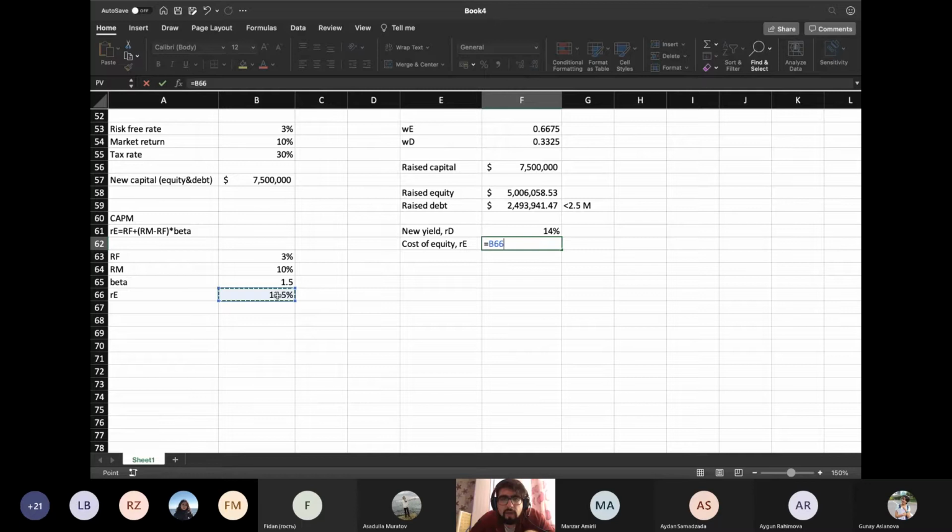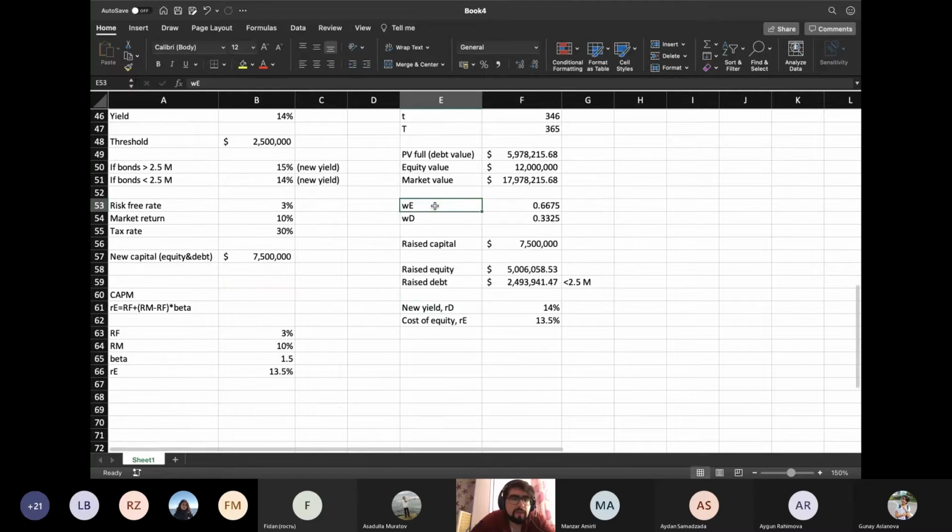So we have cost of equity, we have cost of debt, we have weight of equity, we have weight of debt, we have tax rate. We can easily find WACC. WACC, we know that is equal to weight of equity multiplied by cost of equity plus weight of debt multiplied by cost of debt multiplied by 1 minus tax rate.